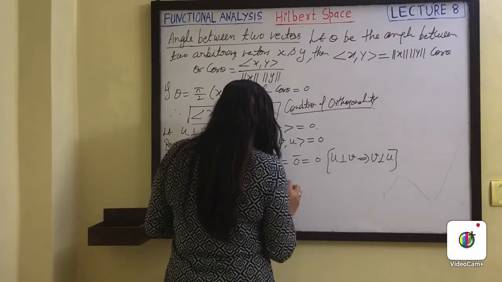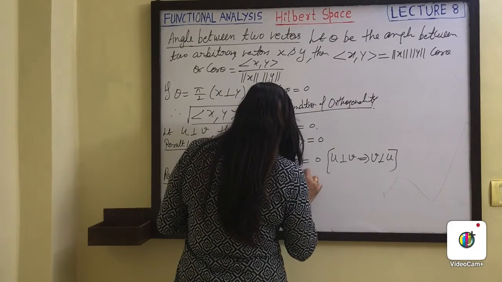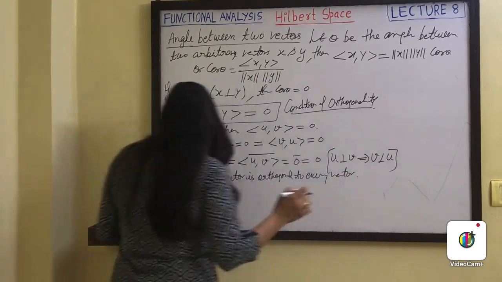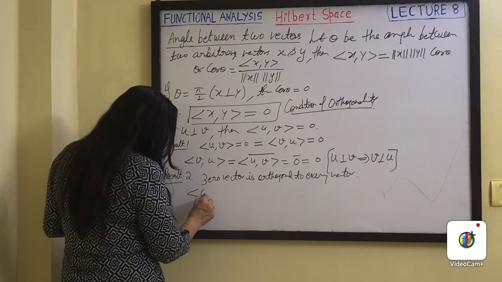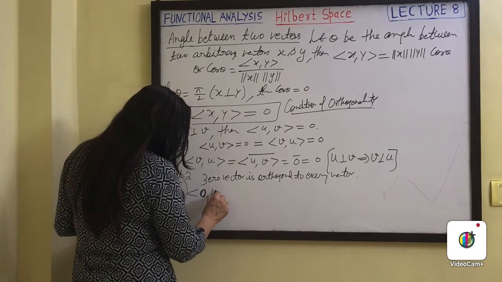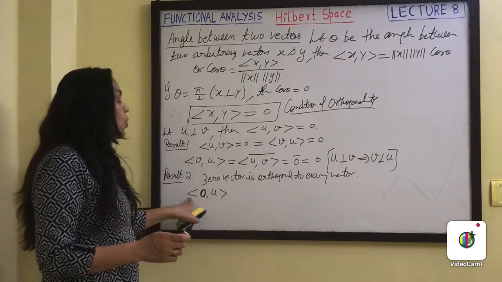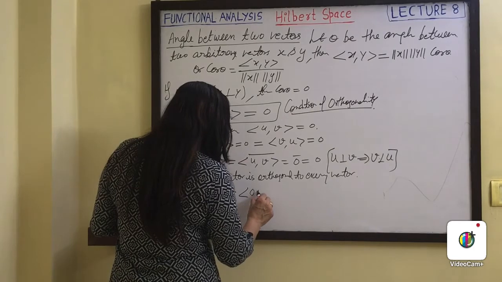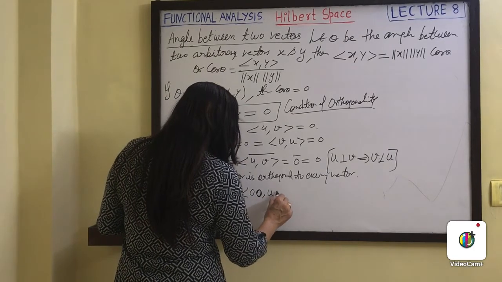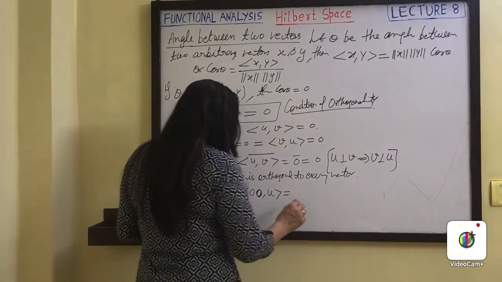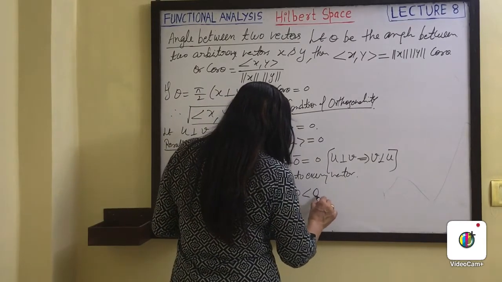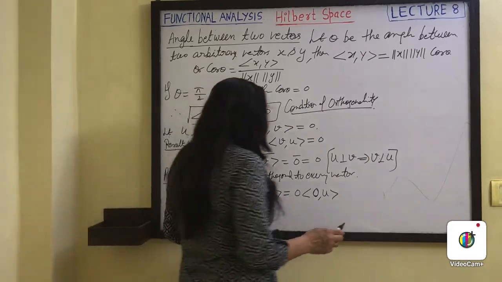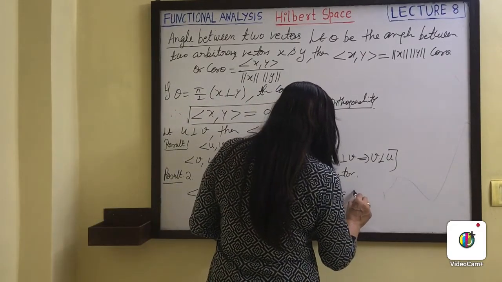Zero comma u can be written as 0 into 0 vector, and is equal to 0 inner product of 0 comma u, and 0 multiplied by the inner product is equal to 0.